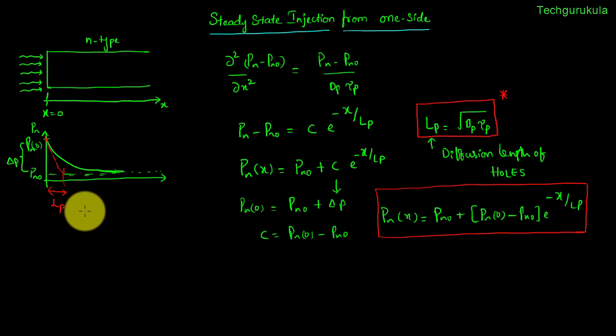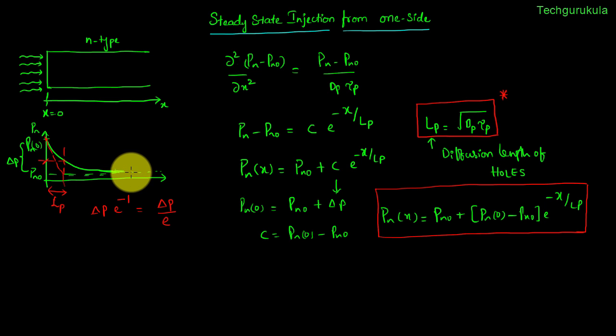In other words, delta P is the concentration at x equal to 0, and at x equal to Lp, the concentration would become delta P times e to the power minus Lp over Lp, which is 1. So the initial concentration would have dropped to 1 over e times the initial concentration when we reach the diffusion length.